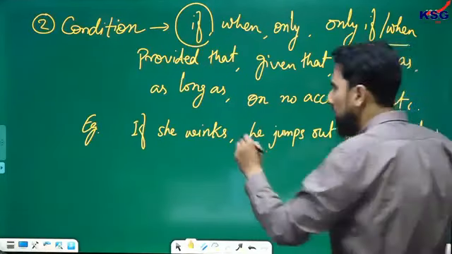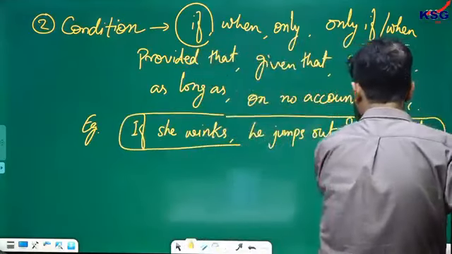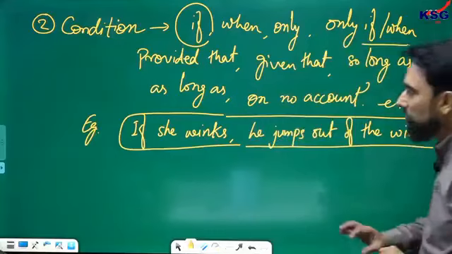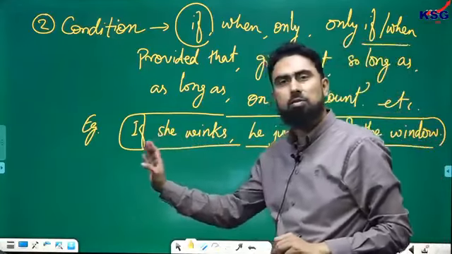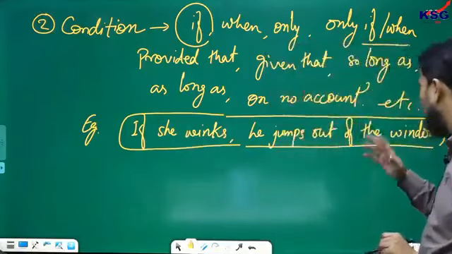If she winks, he jumps out of the window. What is the condition here? The condition part is this. This is the condition, or this is the cause for the person to jump out of the window.